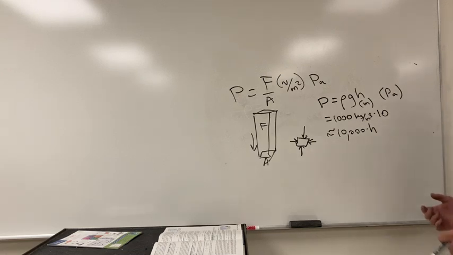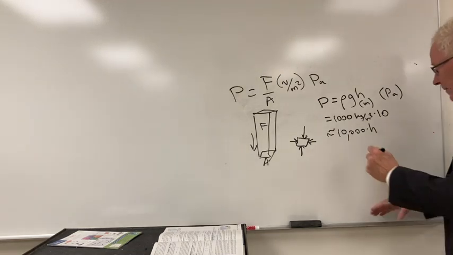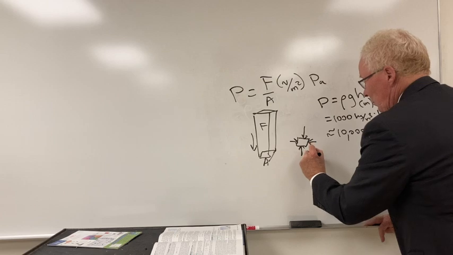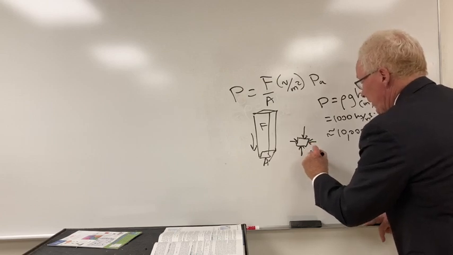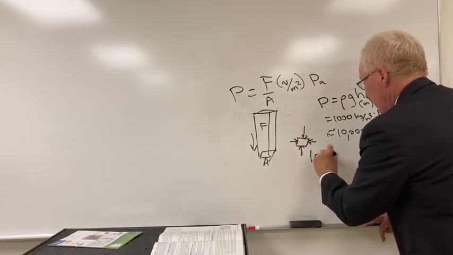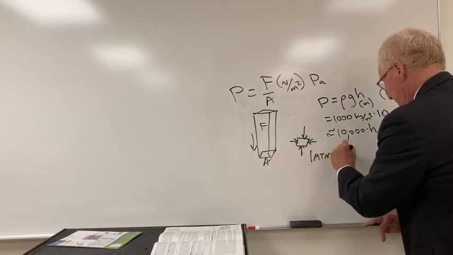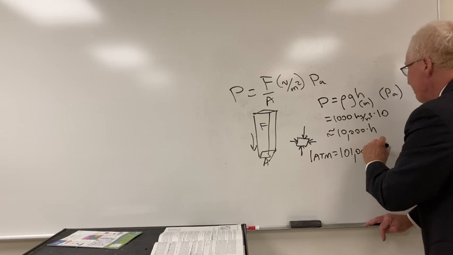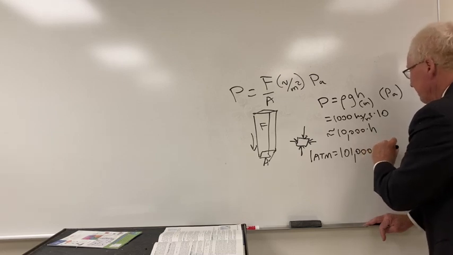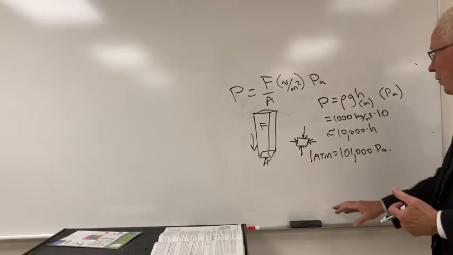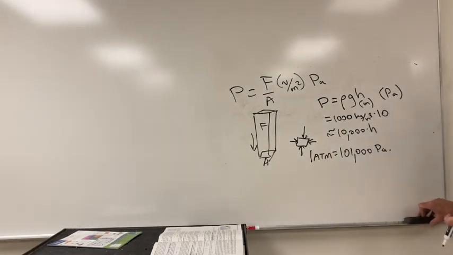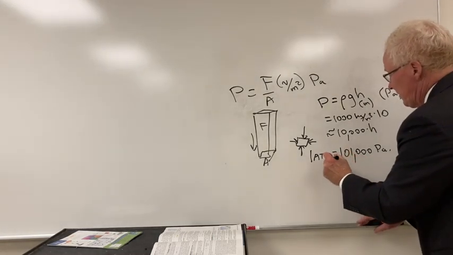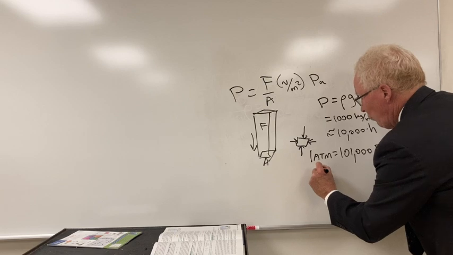All right, so we've gone through that before. We have Pascal, so 1 atmosphere is 101,000 pascals. All right, we've been through this before. And pressure goes as depth in water.